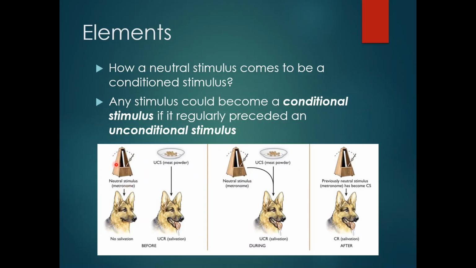In the case of Pavlov, it was a metronome. It could have been a light. It could have been a smell of something else. It could have been a picture of a person's face. Any stimulus can become a conditioned stimulus as long as it is regularly preceded by the unconditioned stimulus, or that thing that naturally elicits that reflex.